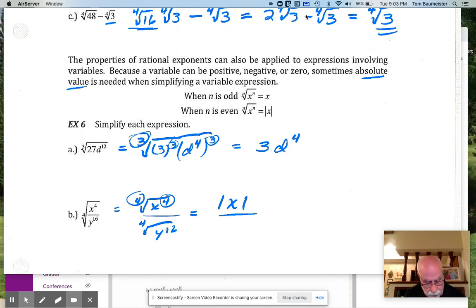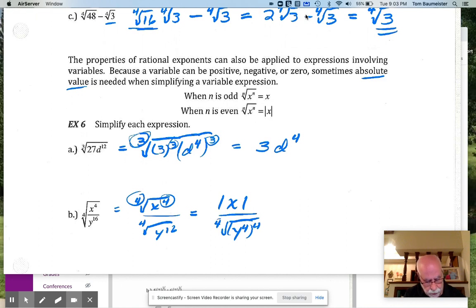On the bottom, I can again think about this. What times what? Because again, I want to do a power raised to a power equals 16. I meant to do a y there. You would tell me that's y to the 4th raised to the 4th power.